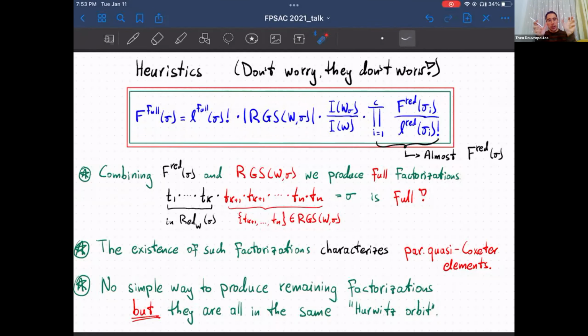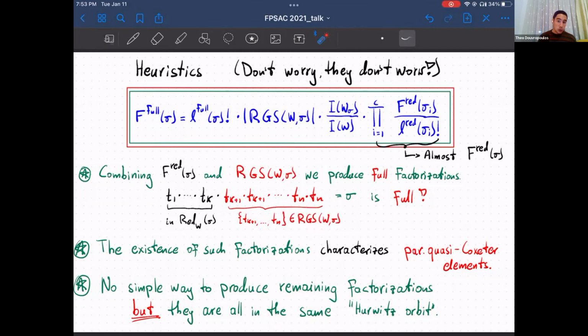If you put these objects together, voila, you have a full factorization. So you start with the factorization of your element, and then you pick each of the reflections in the relative set, and you use each of them twice. So then the product remains the same. And because you have used all of the reflections in a relative generating set, you have a full factorization.